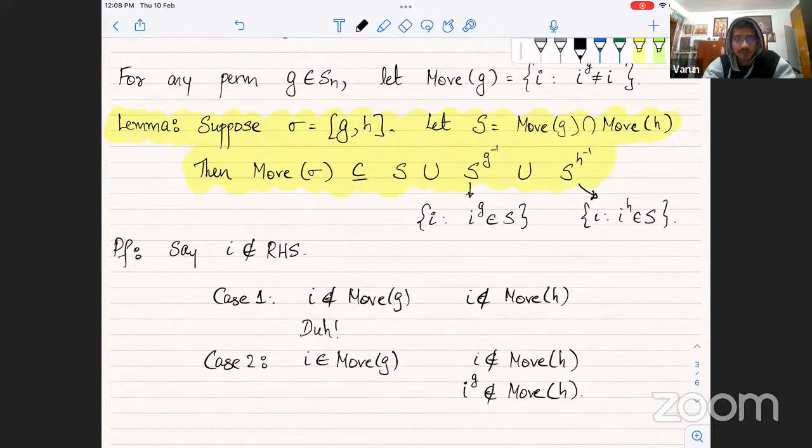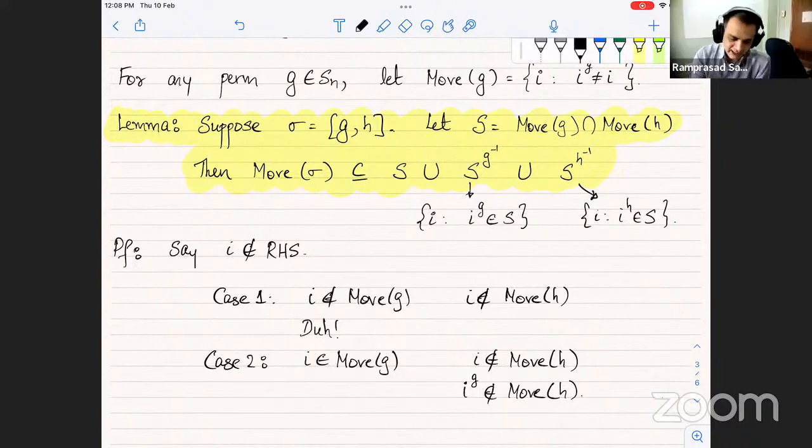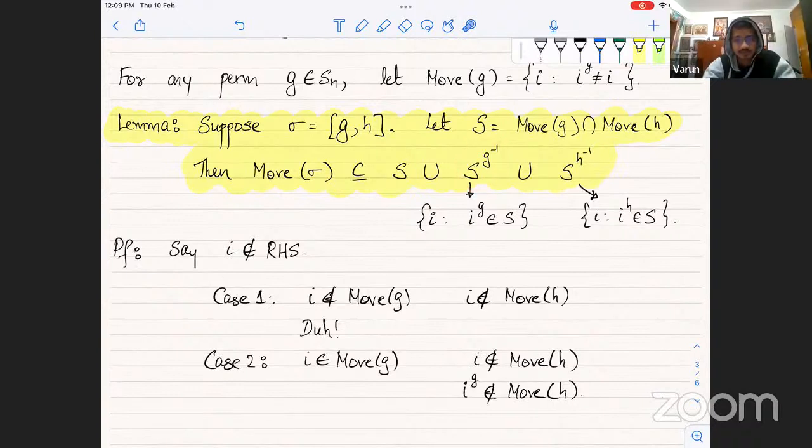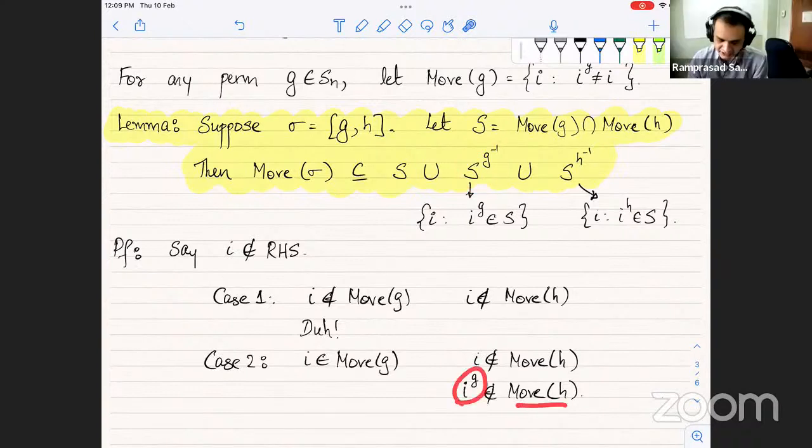Because i is not in the RHS, which in particular means that it's not in this set. If i power G happens to be in move H, then whatever that image was would be in the common set, and we said that's not possible.